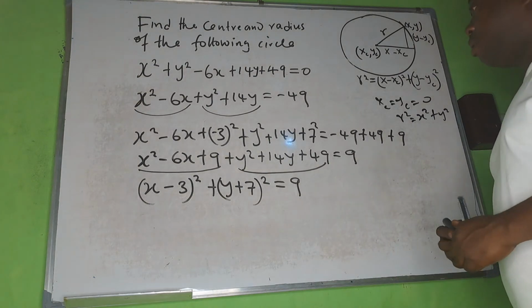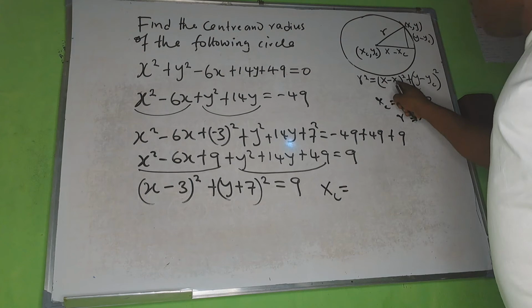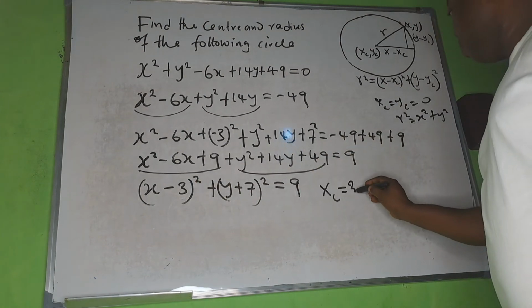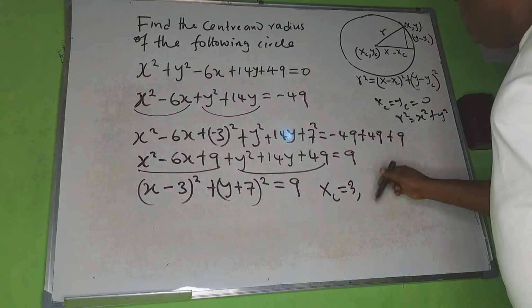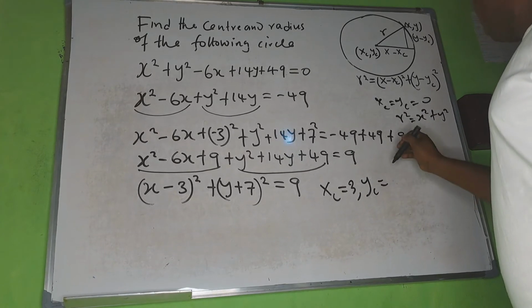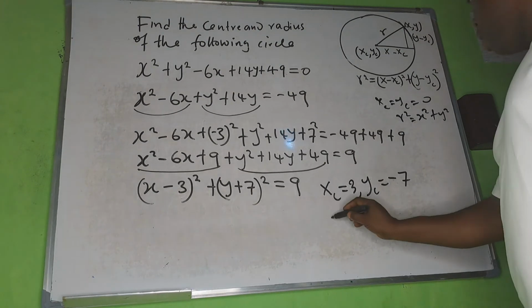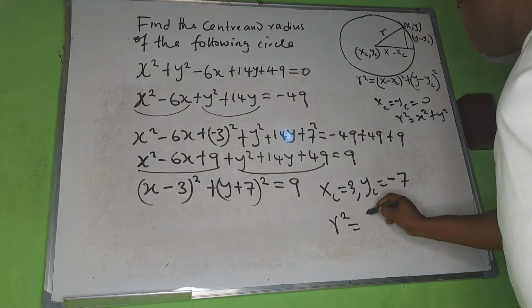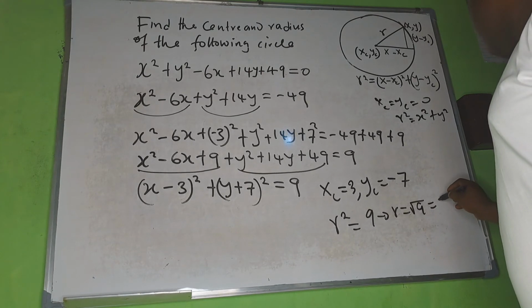So we state as follows: by comparison, xc equals 3, yc equals minus 7, r squared equals 9, making r equal to root 9.